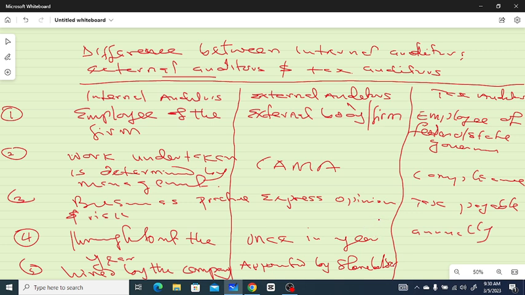Then the tax auditors, they are appointed by governments. So these are some of the differences between internal auditors, external auditors, and tax auditors. Thank you.